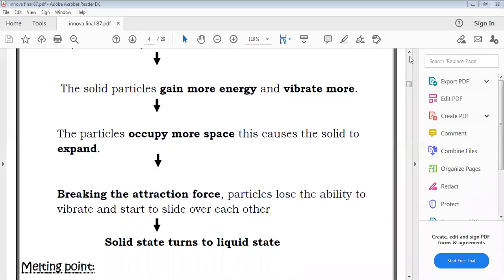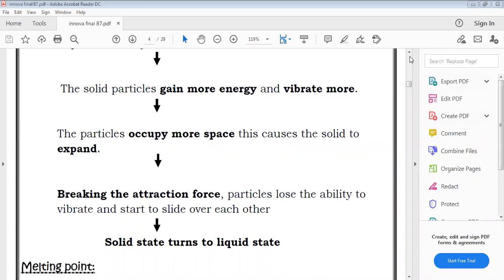Is having spaces between the particles one of the properties of the solid? No, the solid has no spaces between the particles. So once there are spaces between the particles, it will turn into liquid. So it will lose the ability to vibrate and start to slide over each other.